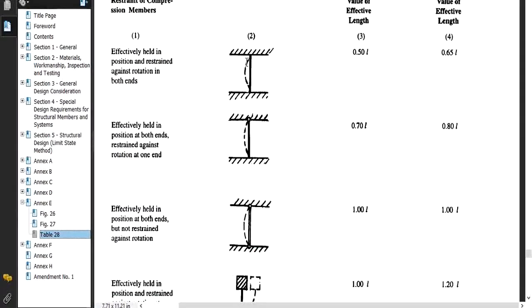You can see over here, the buckled position of this particular member, which is shown in a dotted line, is not connecting at the ends, but it is connecting somewhere before the ends. So there is a small difference between the ends and this connecting position. These are called points of inflection.